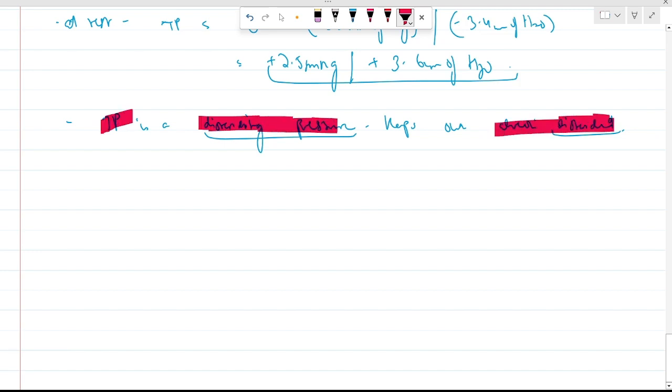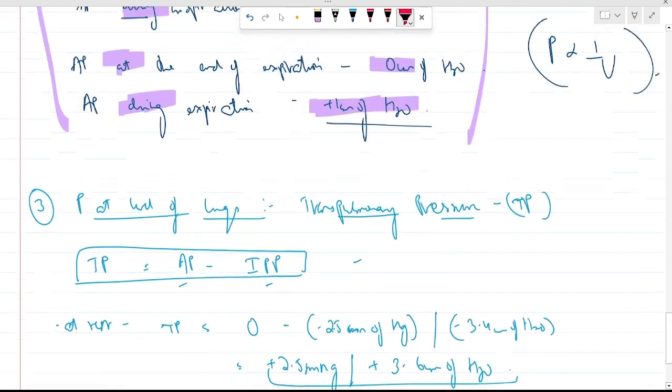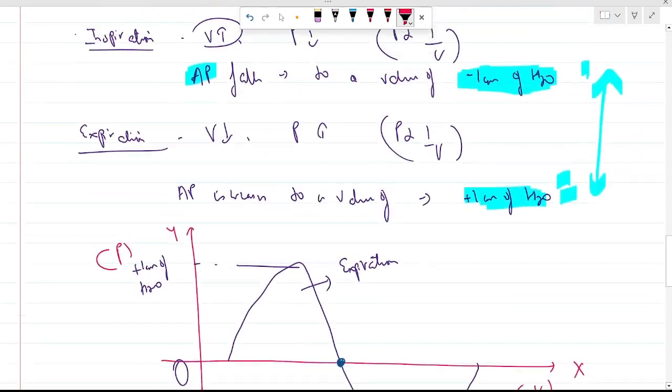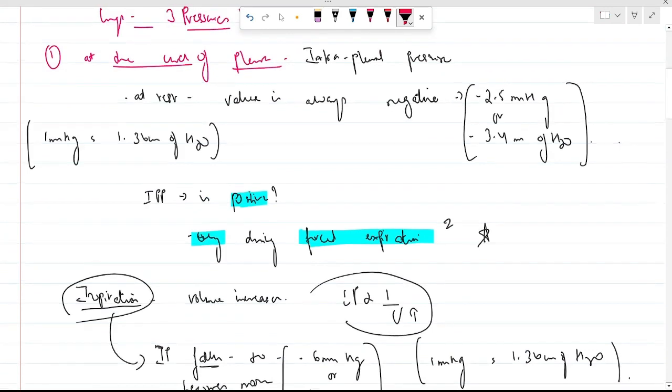Transpulmonary pressure. Okay, so this was the discussion about all of our pressures, and these pressures are described at the level of tidal volume, which is our 500 milliliters of air at rest.